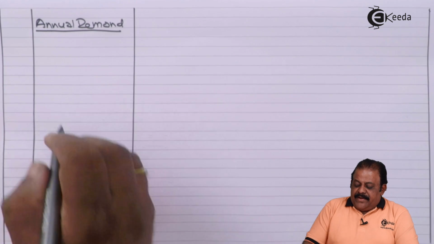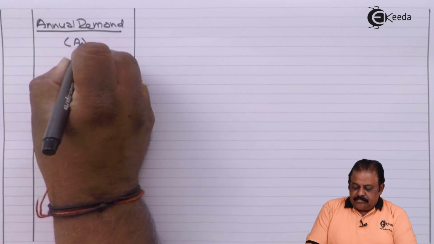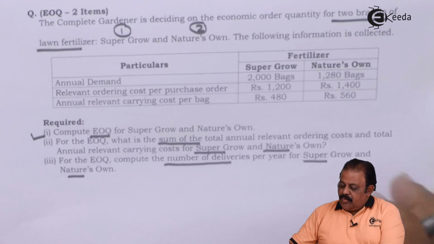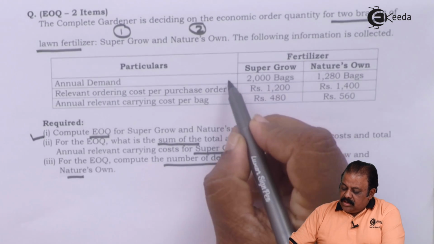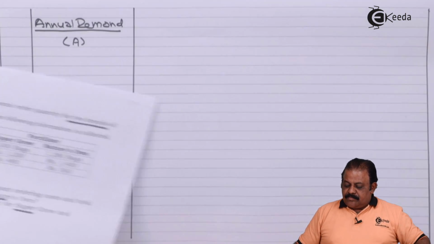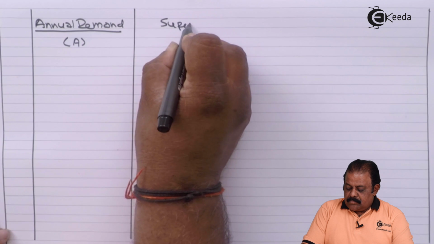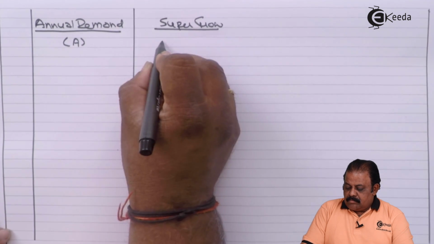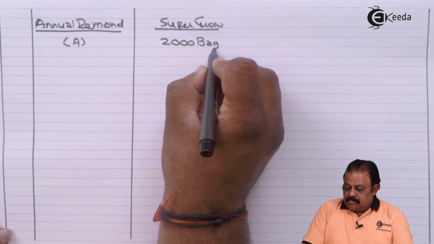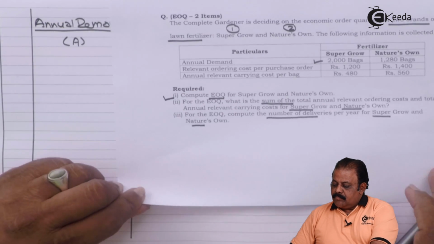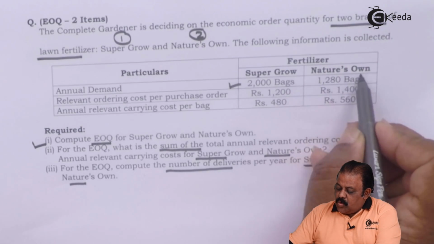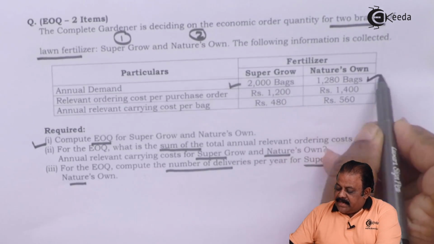First, we'll have to find out annual demand. For fertilizer Super Grow, it is 2000 bags. For fertilizer Nature's Own, 1280 bags.